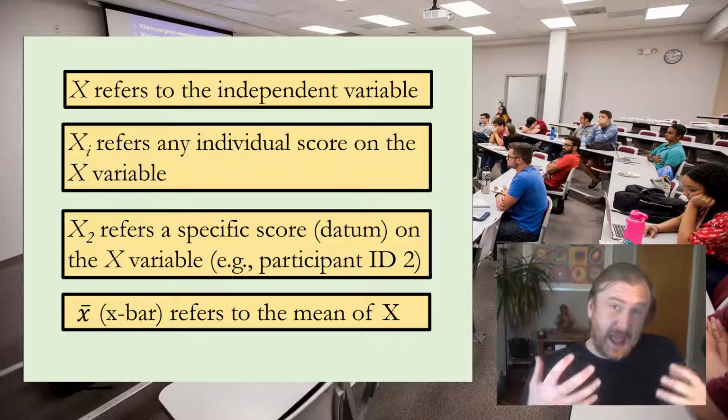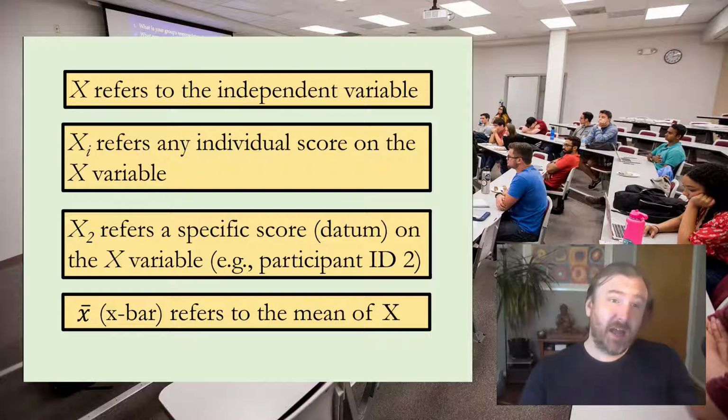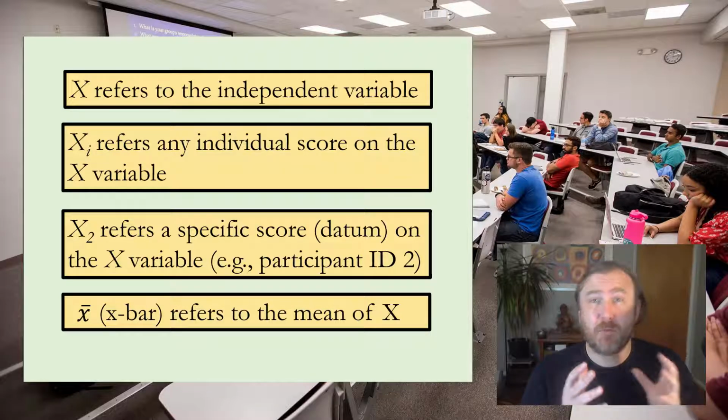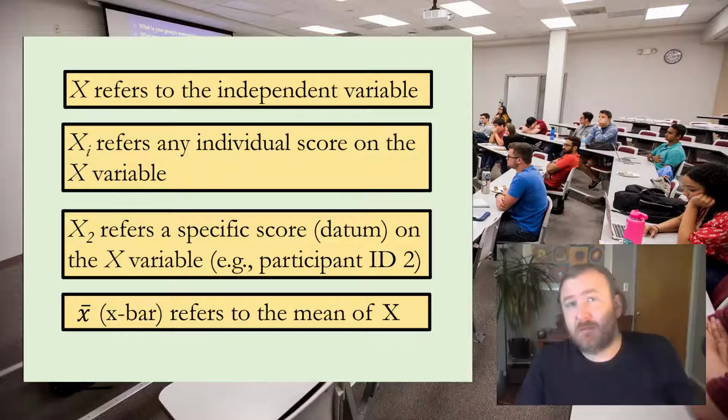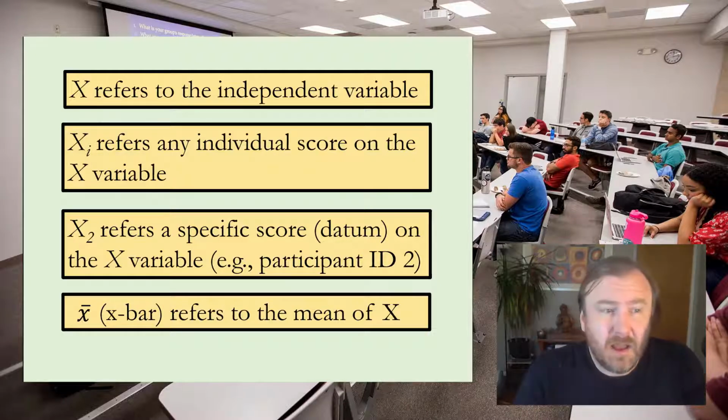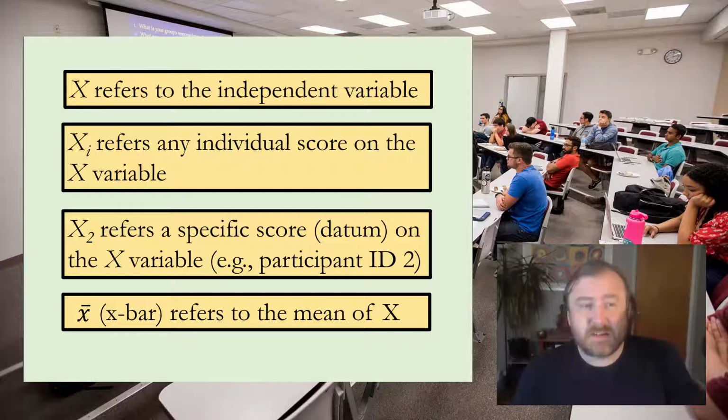So I could say x sub 2, and this is going to refer to a specific score or datum on the x variable. In this case, the value of x for the participant who has an ID of number 2. X bar refers to the mean of x.